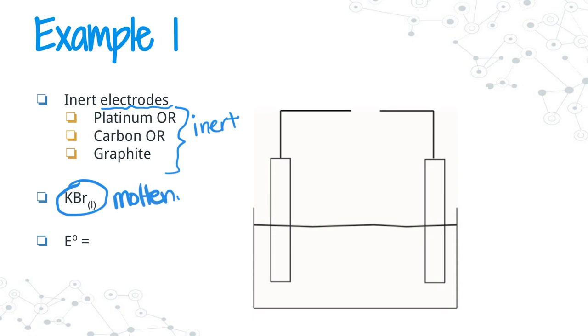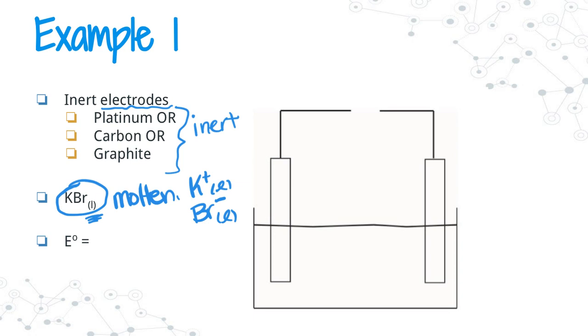And so if we're trying to figure out where the ions are going within this electrolytic cell and what's happening, we need to consider and take a look at potassium ions and bromide ions. And these are both just in the liquid state because there is no water in the molten state.